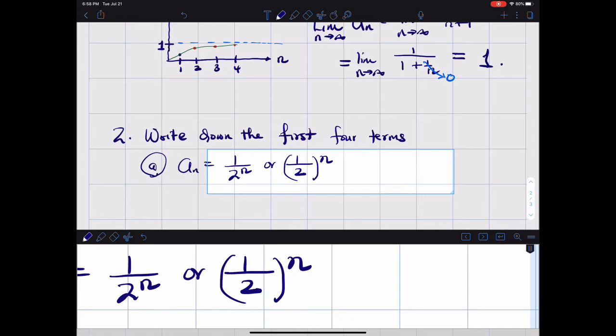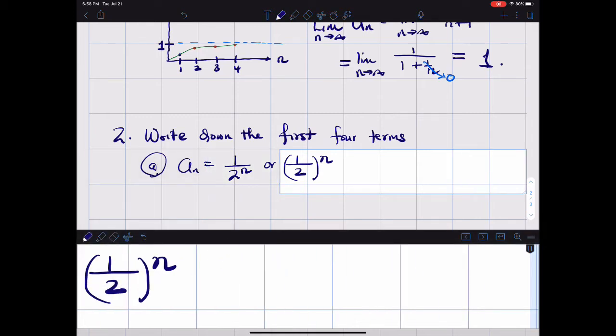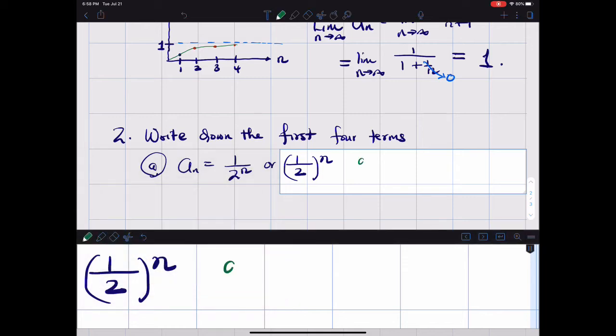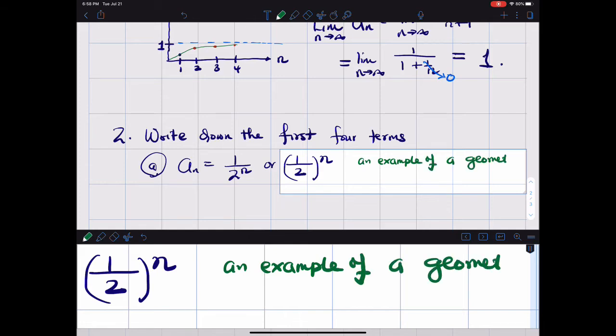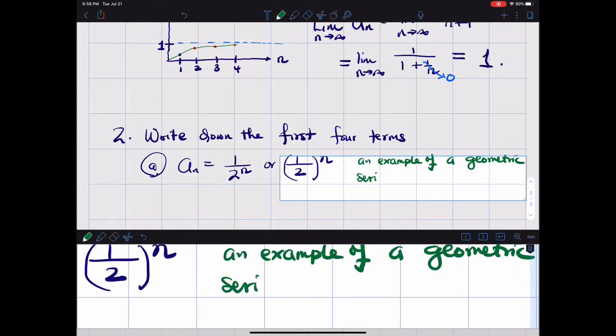This is an example of a geometric series. We're going to return to geometric series, but this is an example of a geometric series. And geometric series usually have the form, oh no, what am I saying?